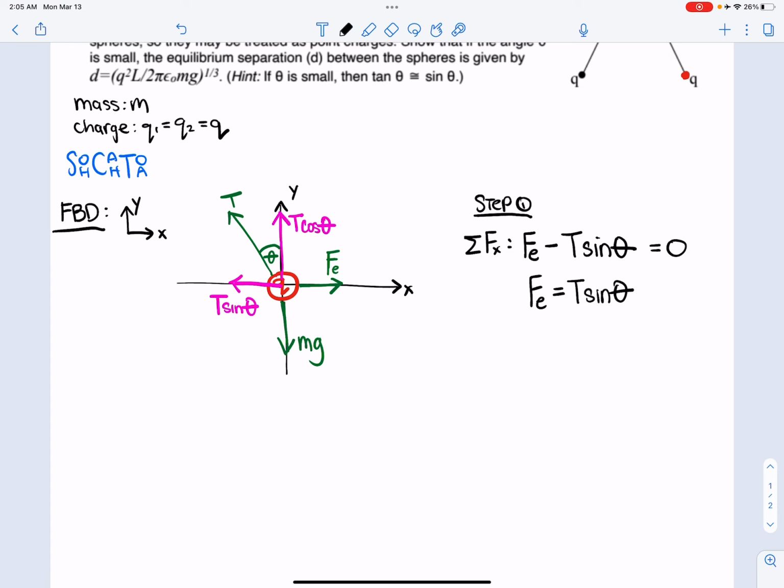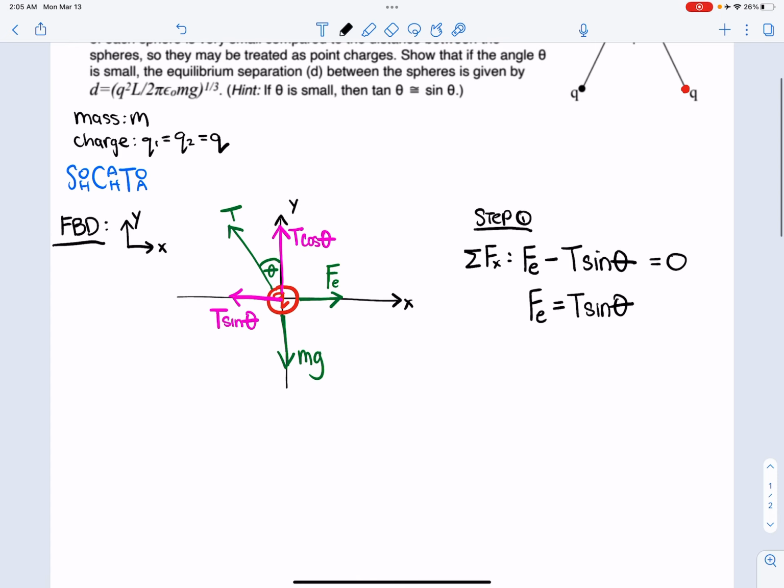And what's another way of writing electrostatic force? The magnitude of Fe is equal to K, the electrostatic constant, times Q1, the source charge, times Q2, which is the charge where we're feeling this force, divided by r squared, where r is the distance between the centers of the two charges.